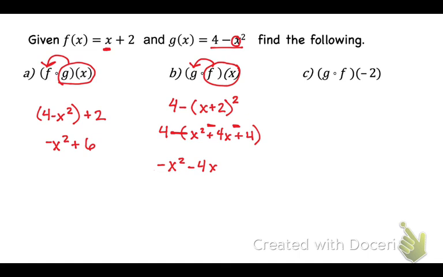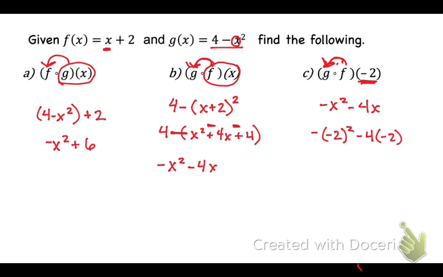Now what does this one tell me to do? Put F into what? G, and then make x what? So it says put F into G and make x negative 2. So did we already put F into G? Yeah. And we got negative x squared minus 4x. So now I have negative 2 squared minus 4 times negative 2.